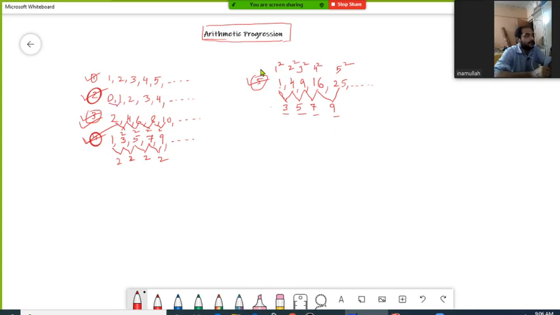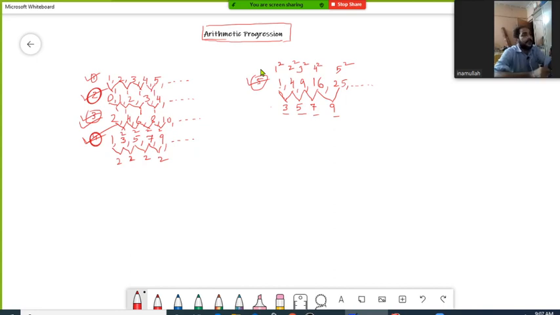Here 1 minus 0 is 1, 2 minus 1 is 1, 3 minus 2 is 1, 4 minus 3 is 1. In the same way, 2 minus 1 is 1, 3 minus 2 is 1, 4 minus 3 is 1, 5 minus 4 is also 1.